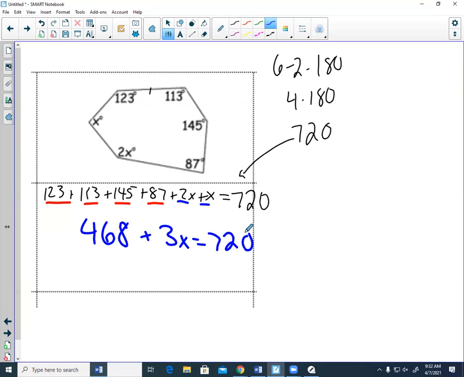Now, is this an equation that everyone in here should be able to solve right now? Yeah, sure. Because it's just subtracting 468 from both sides, right? So we minus 468.